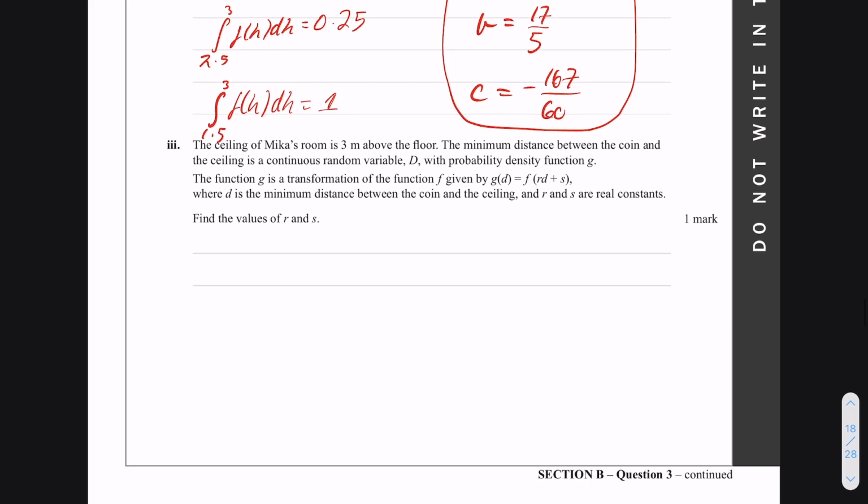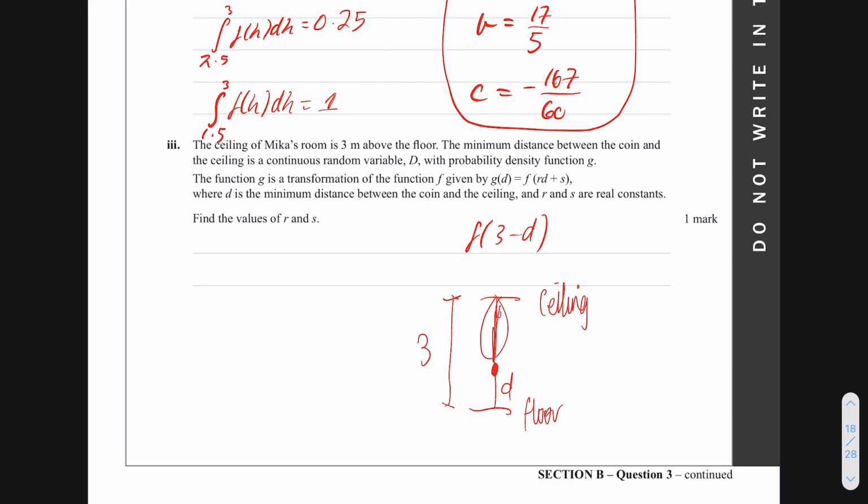So if we have like floor, ceiling, coin is like here. That's our height from the floor to the ceiling. This whole thing is 3 meters. So from the ceiling to the floor, it's just going to be f of 3 minus d to get that one here.